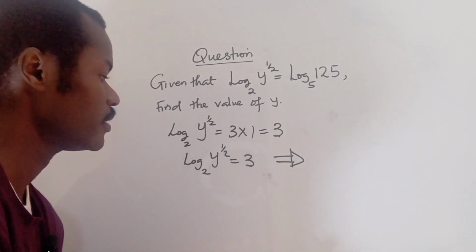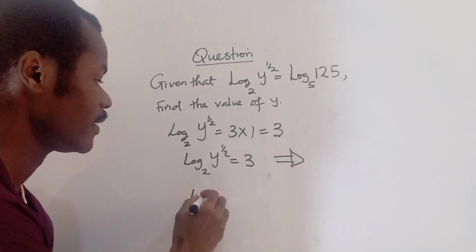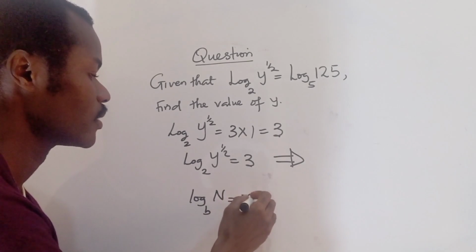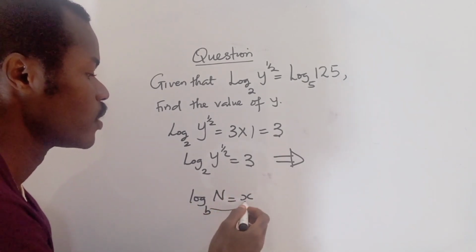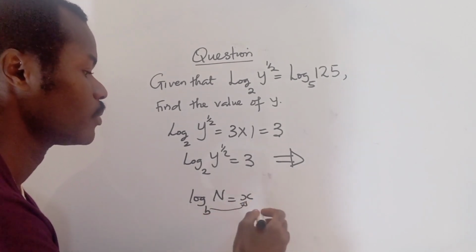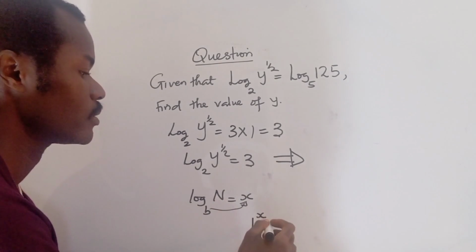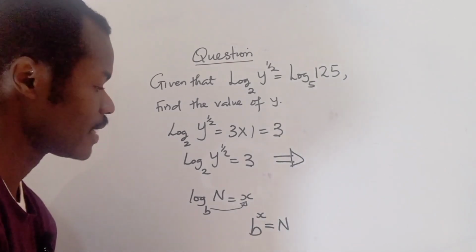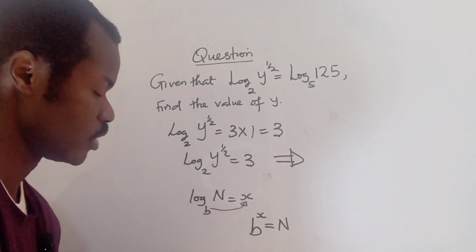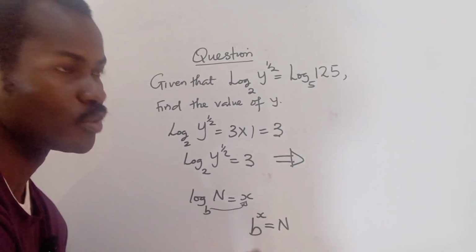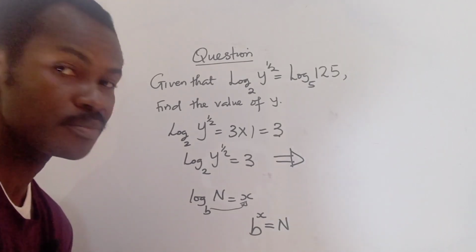The idea is if I have log n base b is equal to x, the base comes over and pushes x up to become a power, so that is equal to n. That is how to change the logarithm form to an index form.